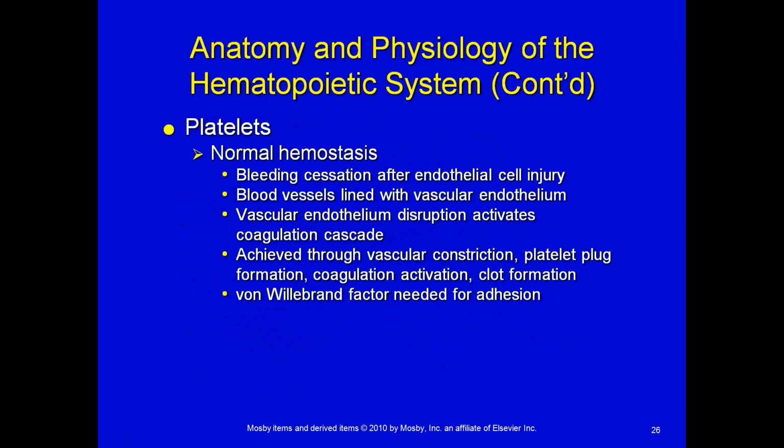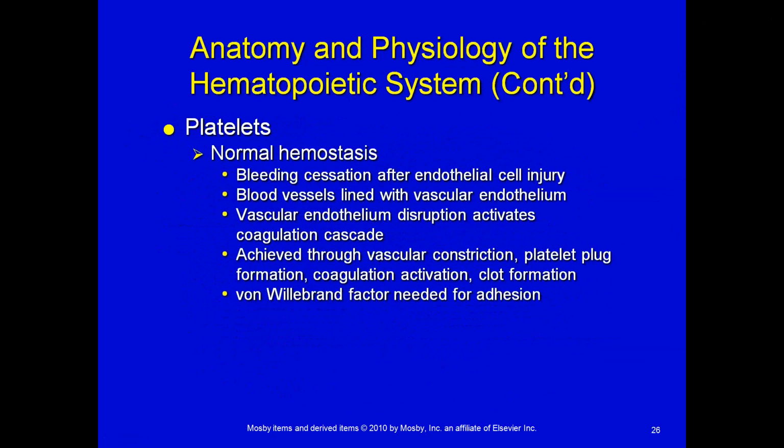During normal homeostasis, when there is an endothelial cell injury, bleeding starts, and blood vessels lined within the endothelium release the platelets, and the coagulation cascade occurs.